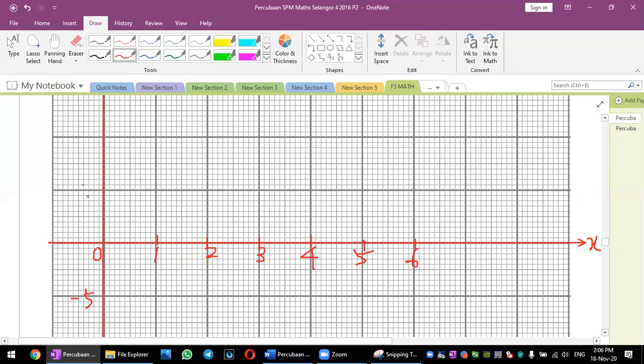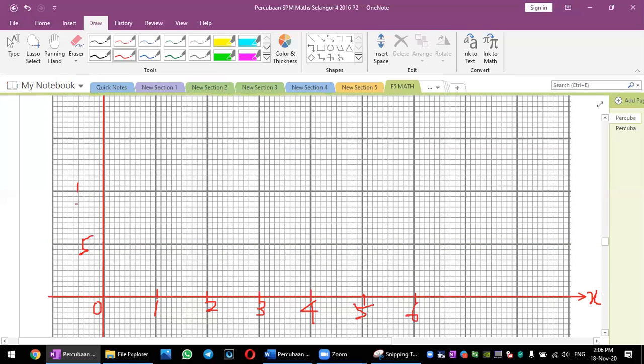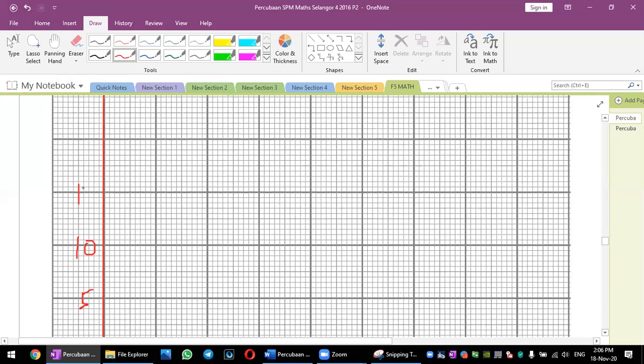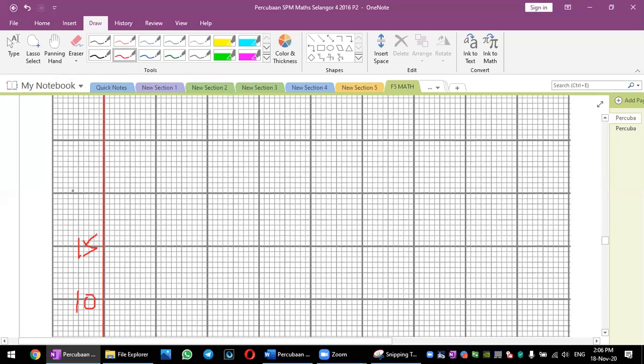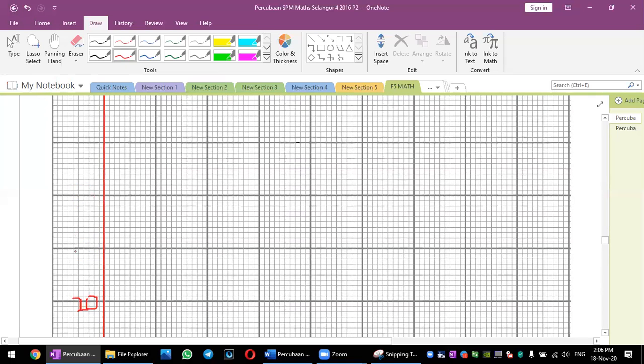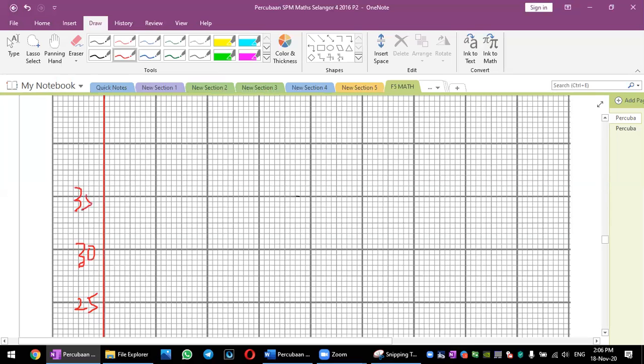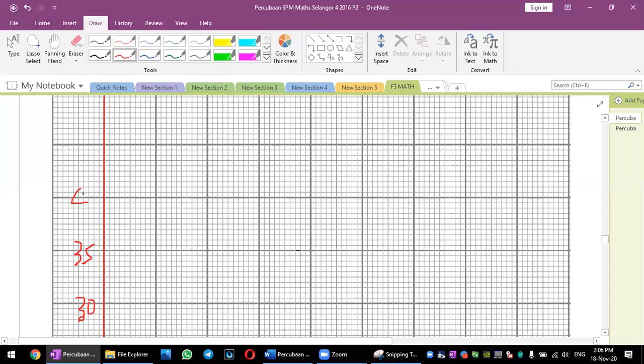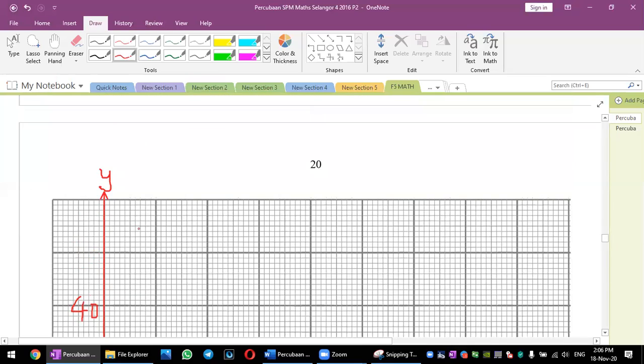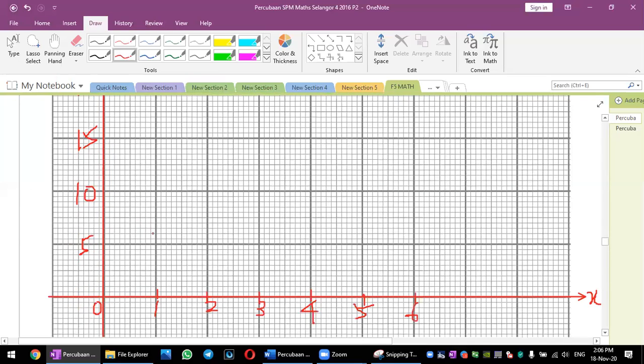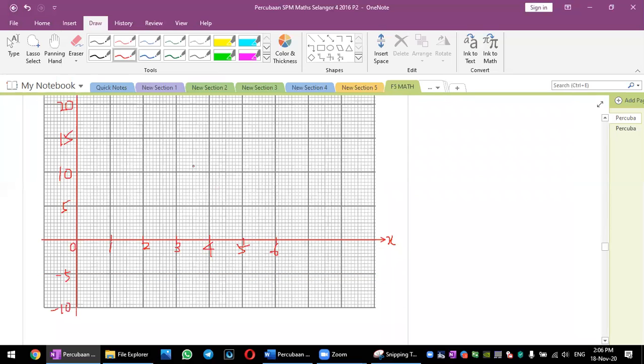Then atas pula, 5, 10, 15, 20, 25, 30, 35, 40. Okay, cukup. Roughly like this.